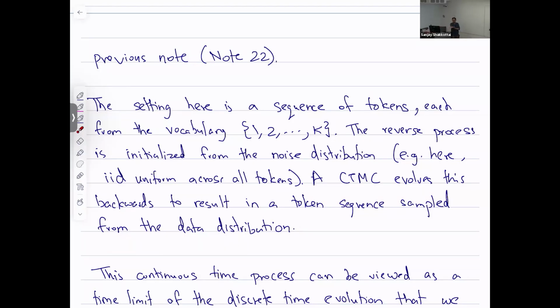Now you do this baby-step CTMC with h going to 0, essentially, and you run this backwards, and you're going to get the data distribution. What we want to argue is we'll come up with a parameterization so that it actually transports from the noise distribution to the data distribution, which means effectively that this parameterization in the limit is correct, because we are actually transporting from the noise distribution to the data distribution.